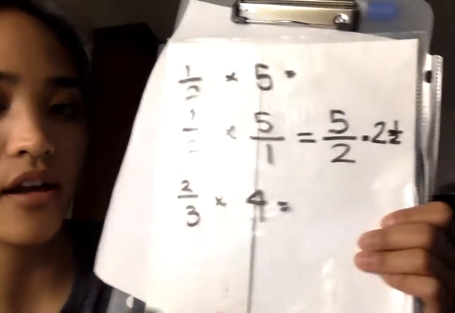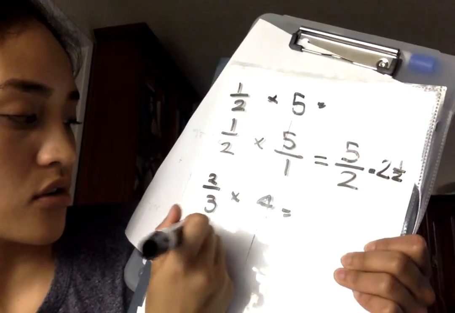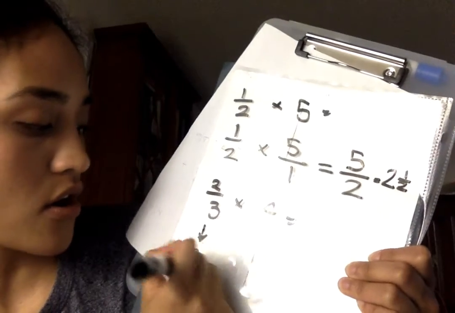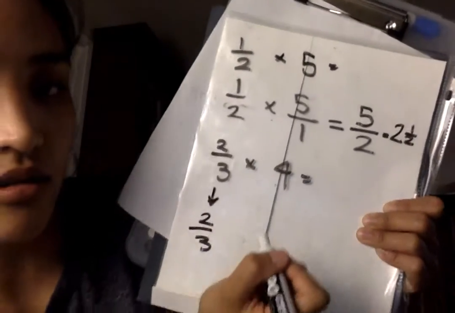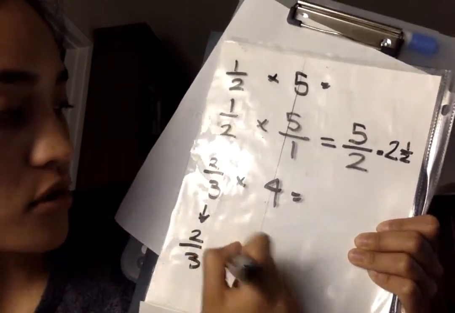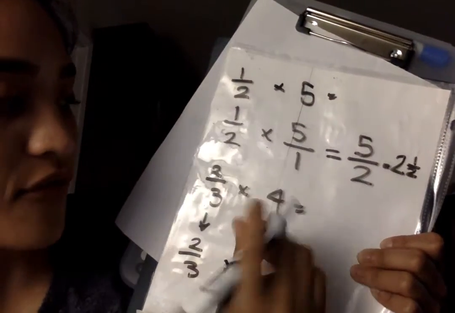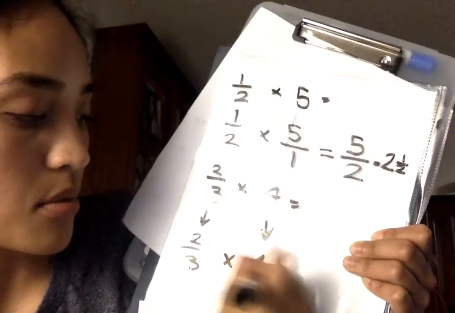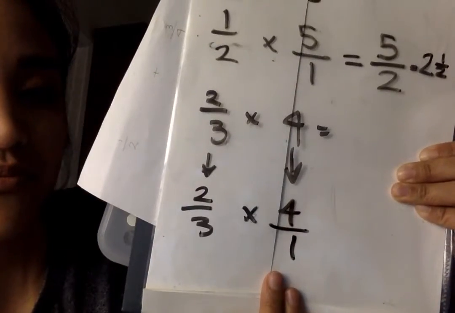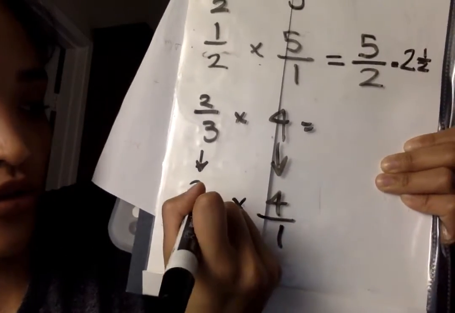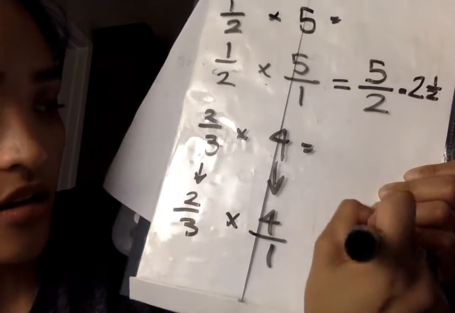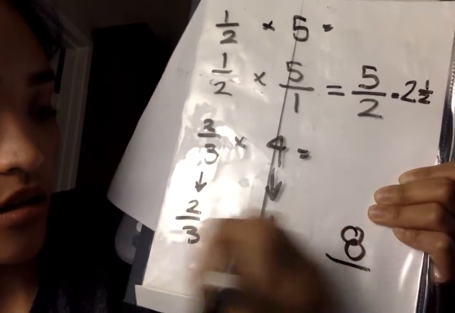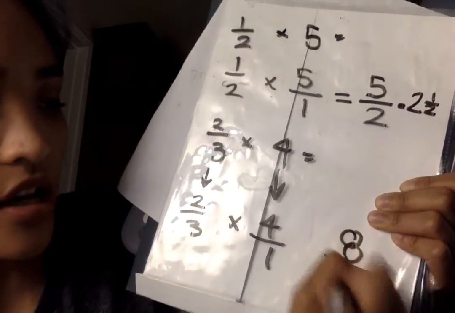Same thing over here: I'm going to write 2/3 multiplied by 4, changed into a top-heavy fraction, which is basically placing it over 1. 2 times 4 is 8. 3 times 1 is 3.